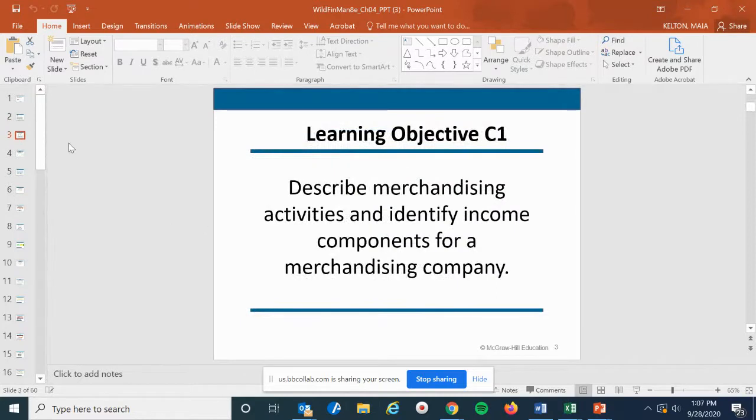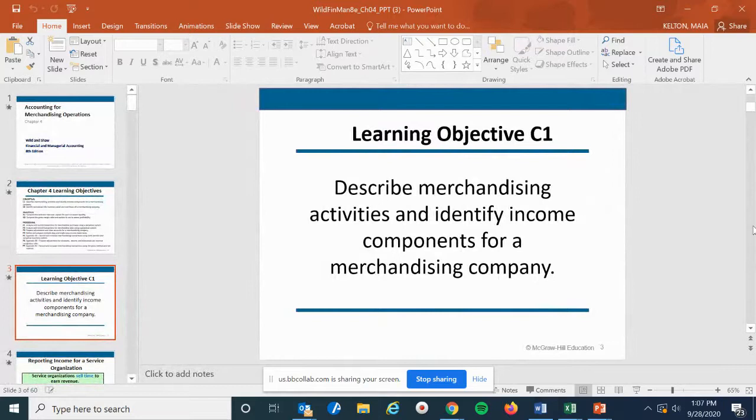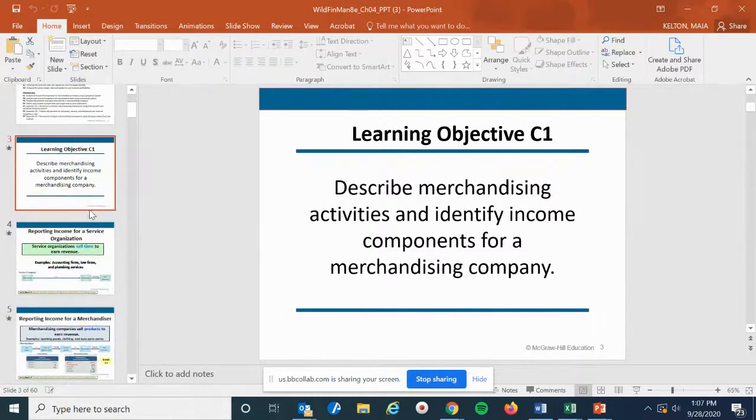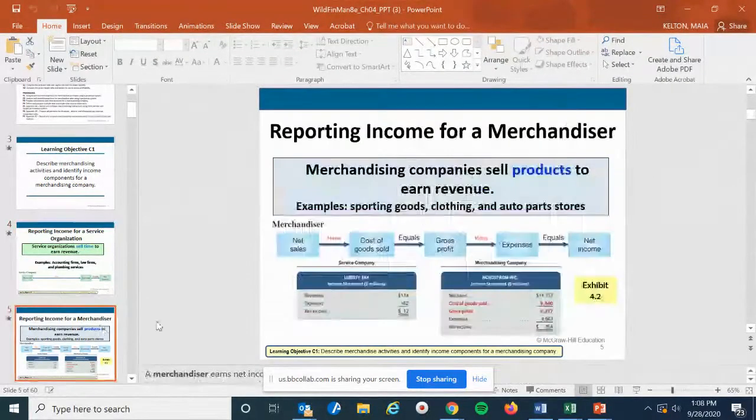So what is a merchandiser? Earlier, I mentioned that we're all familiar with merchandising companies because we are surrounded by them. If a service company sells a service or they sell time to earn revenue, merchandising companies are quite different. So merchandising companies sell products to earn revenue.